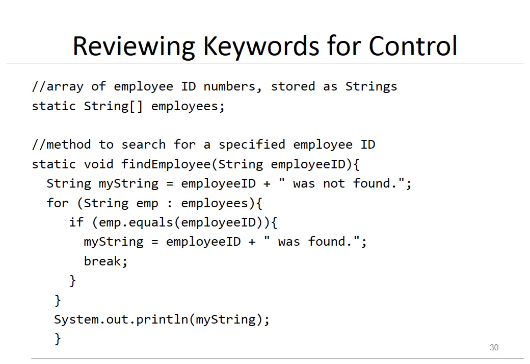It then starts an enhanced for loop iterating through the employees array. If a match is found, the myString variable will be overwritten and the break statement will stop the loop and continue the method execution. If no match is found, the loop will end as usual and the myString variable will keep its original value. In both cases, the myString variable will be printed to the console.